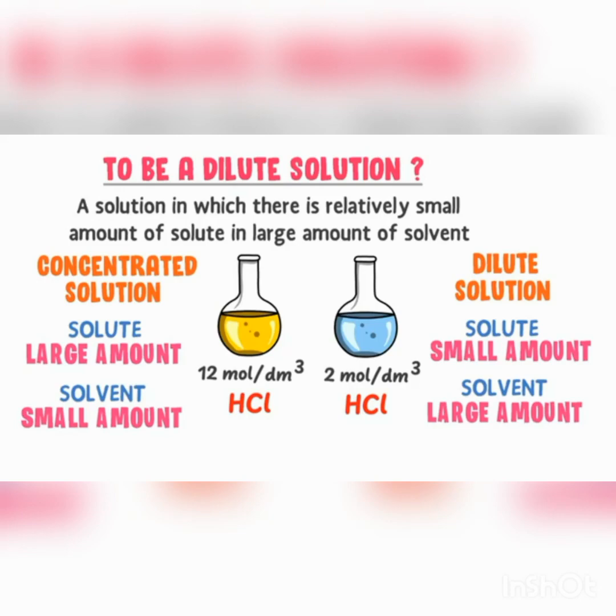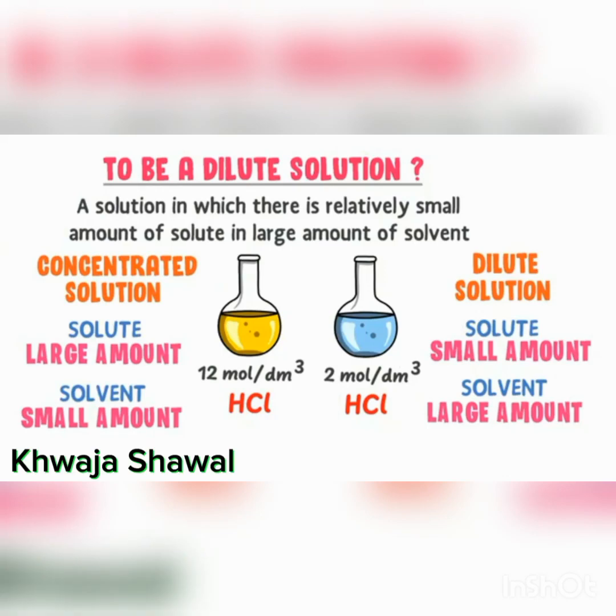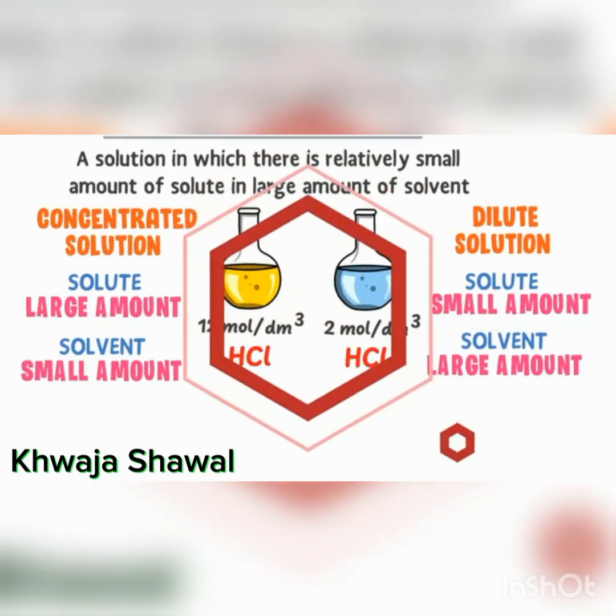Therefore, remember that a solution is only considered a dilute solution if it contains comparatively small amount of solute and large amount of solvent. Finally, let me teach you a bonus concept.